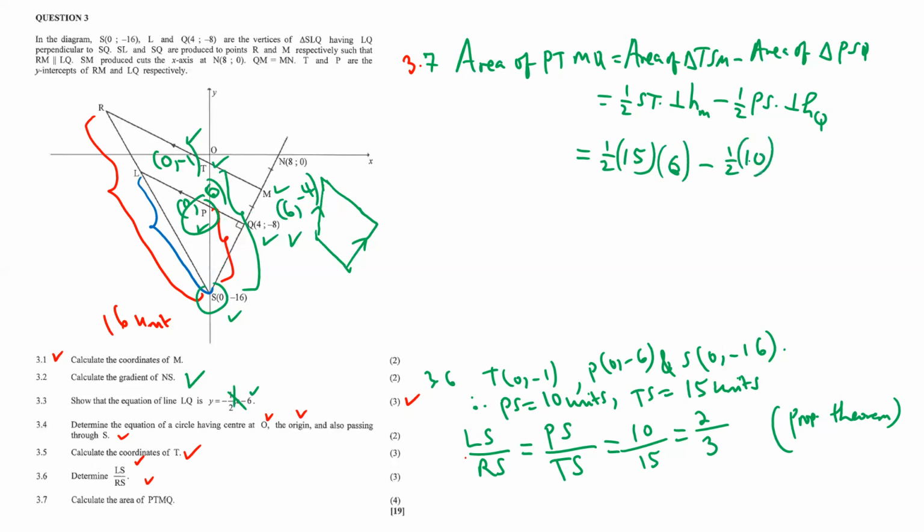And then the perpendicular height will be the x coordinate through Q, 4 units. Multiplying this is going to give us exactly 45 minus 20. And this is 25 square units.